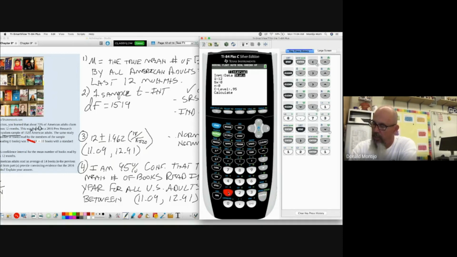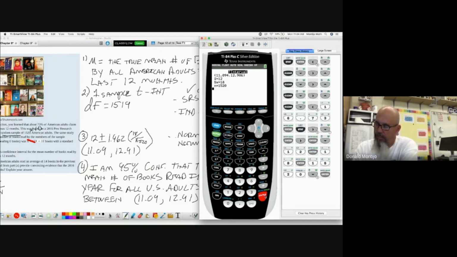Oh, they told me it was 18. What was N? Oh, remember N was really big. N was 1,520. And how confident do I want to be? 95%. And then I tell the calculator, do it. And it says, 11.094 to 12.096.